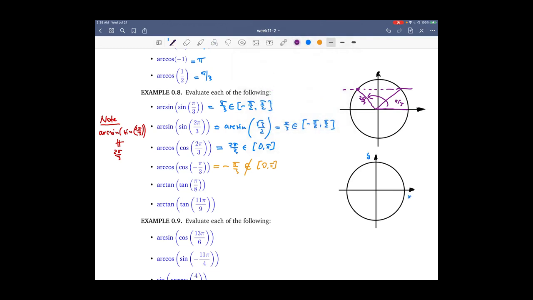Here is the angle negative pi over 3. Of course, there are other angles. There's another point on the unit circle corresponding to the same cosine, namely this point. And of course, this point corresponds to the angle pi over 3.